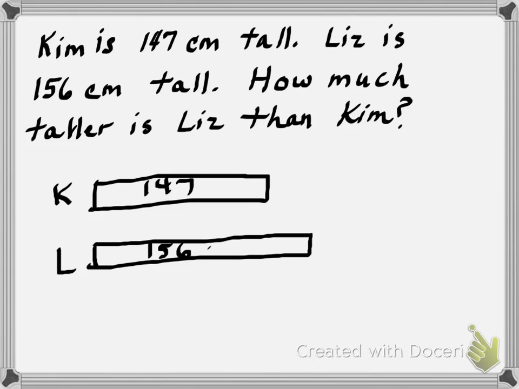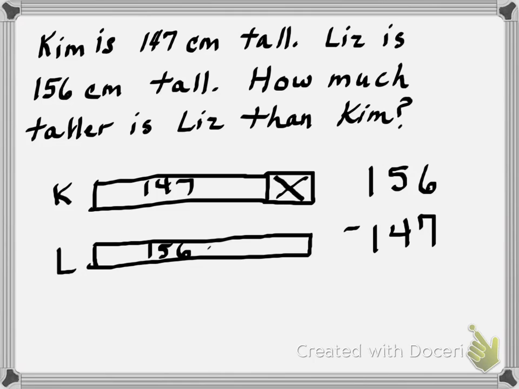Now we want to know how much taller Liz is than Kim. Here is the difference. To find that difference, we're going to use subtraction. 156 minus 147. Be careful when you subtract.